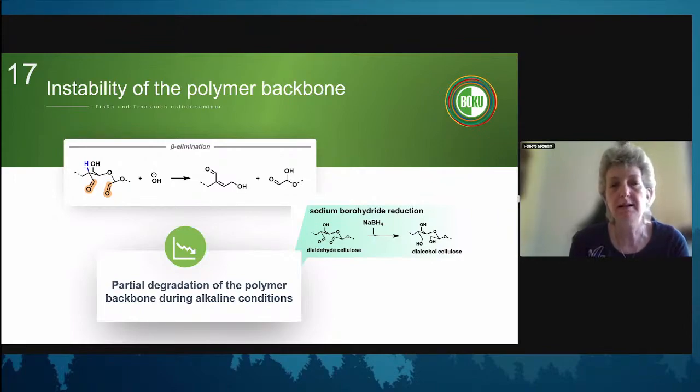So that means oxidized celluloses are quite sensitive to alkalinity. And this is also true for periodate oxidized celluloses. We always have to be aware that this can happen. And the usual workaround here is that we say, okay, let's do a sodium borohydride reduction. This is also, for instance, relevant if we measure viscosity.